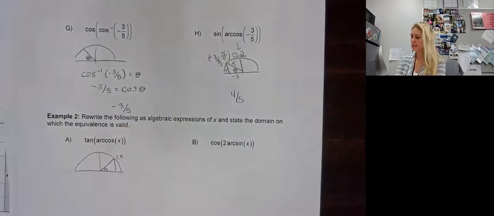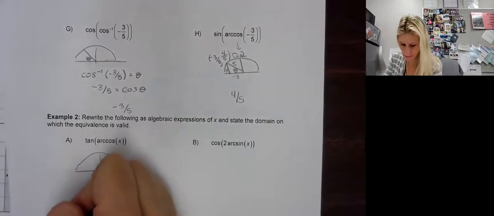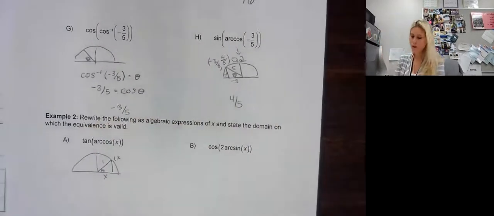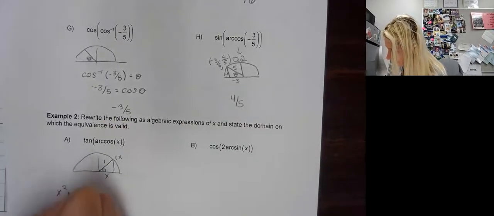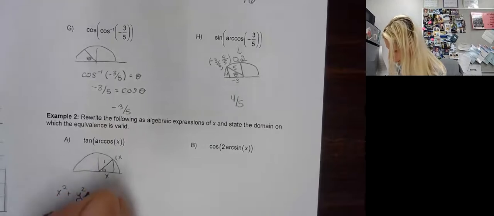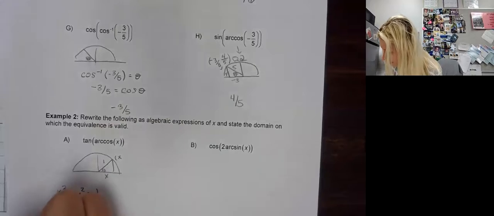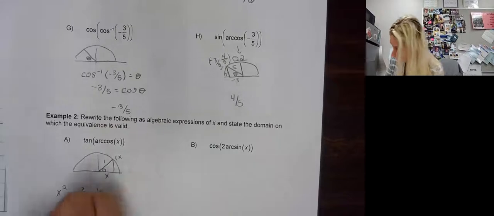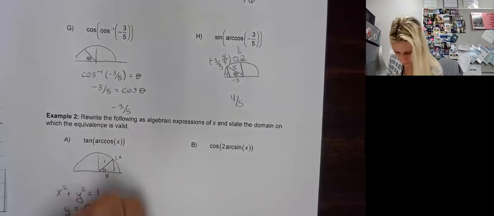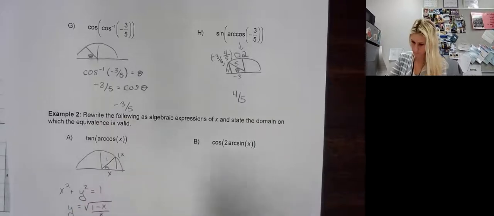Think of this: x is x over 1. Do the Pythagorean theorem. If you want, I can show you. x squared plus y squared equals 1. Solve for y, because that's what we're trying to solve for.